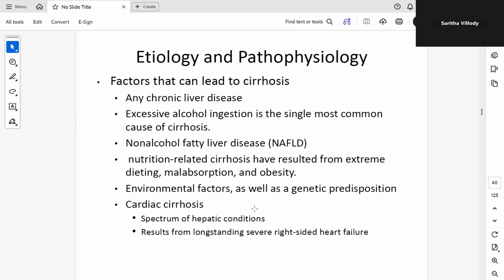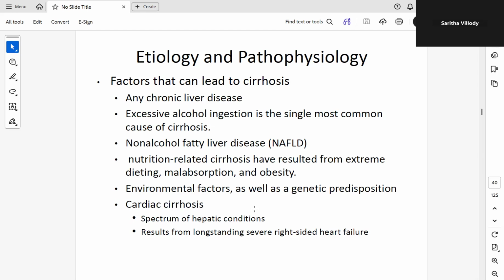Alcohol-related cirrhosis is the commonest type of cirrhosis found or diagnosed. But there are also other types of cirrhosis. In case of chronic hepatitis C and chronic hepatitis B, patients can develop cirrhosis.